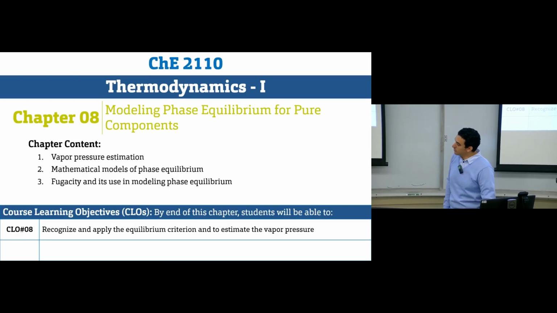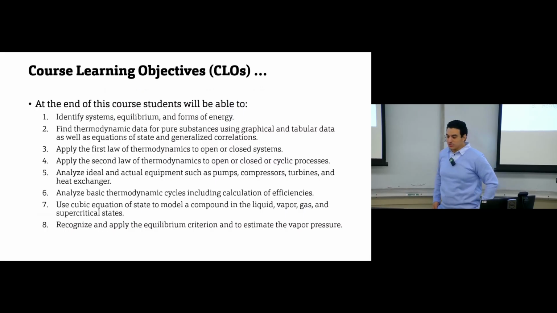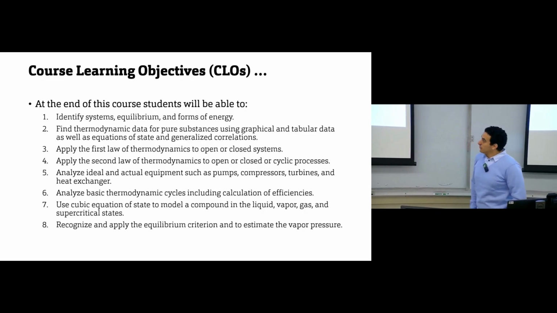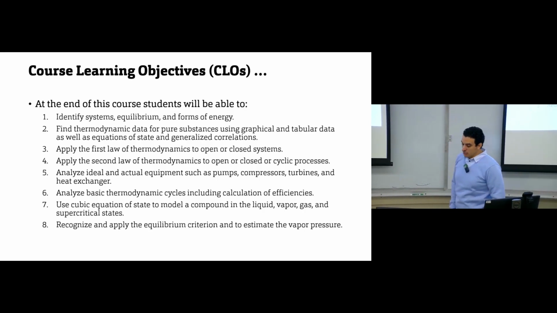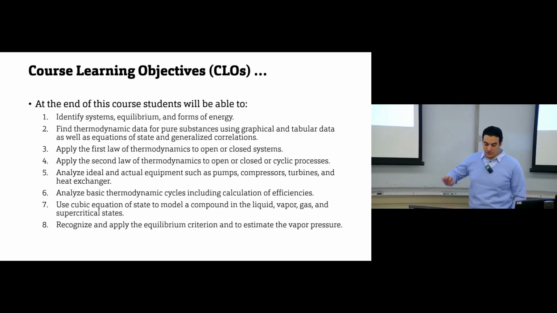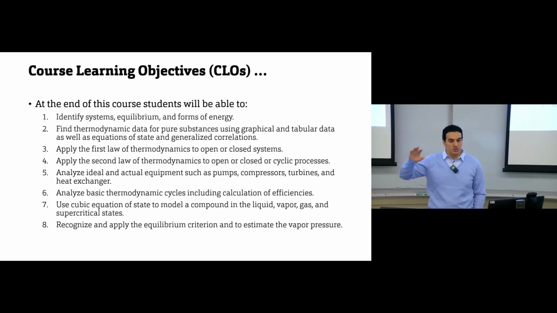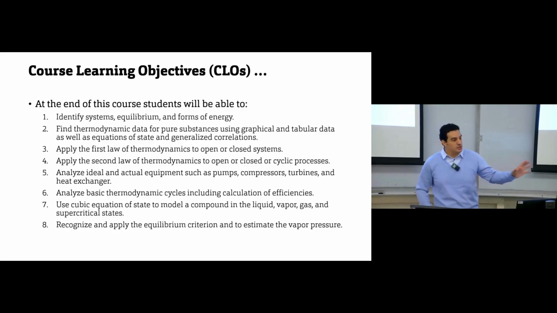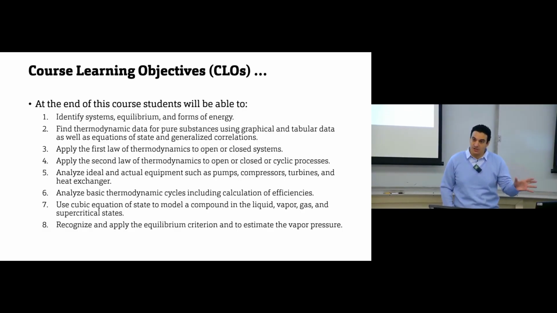So in general, let me remind you of the whole set of objectives we have in this course. We have 8 objectives that each one of you should be able to master by the end of the course. We started with chapter 1, in which we identify systems. If you remember, we talked about open systems, closed systems, isolated systems, what is meant by equilibrium, and what is meant by forms of energy, static forms of energy and dynamic forms of energy, and the difference between them.